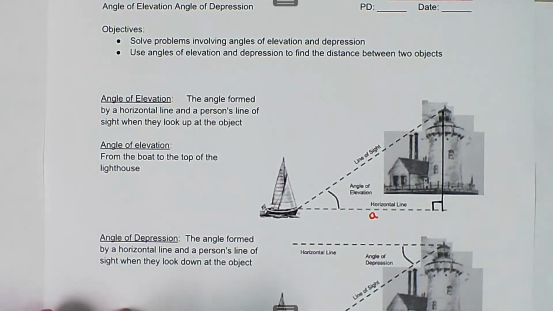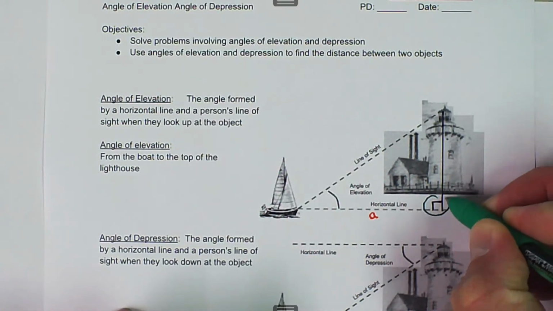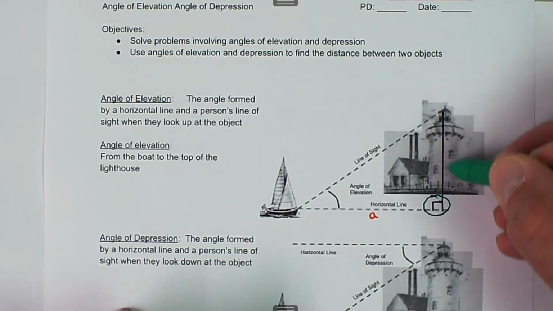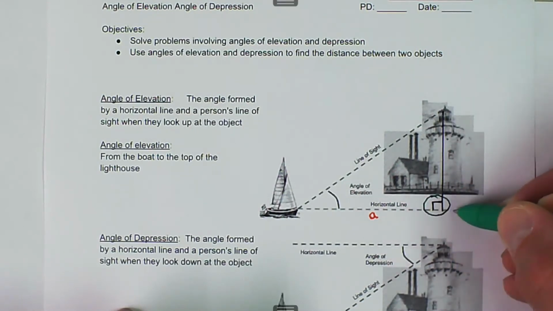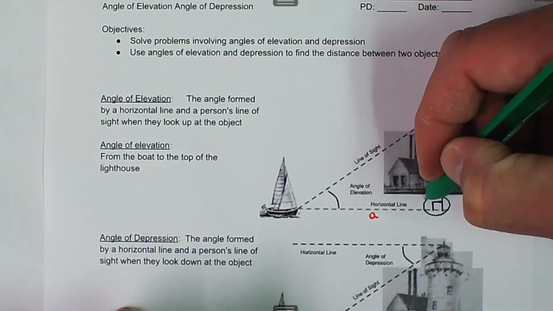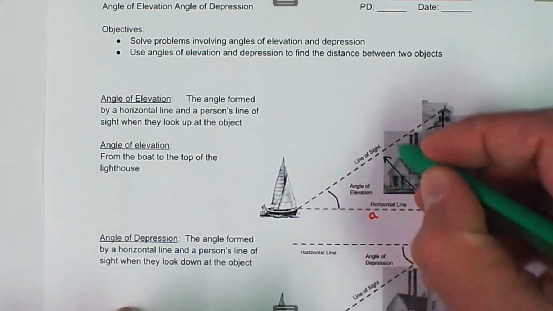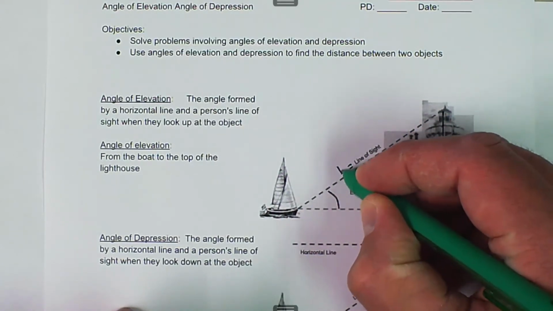So our 90 degree angle is right there, as created as we drop a line straight down till we meet the horizontal line from where we are looking. And that tells us that this, which is our line of sight, is the hypotenuse.